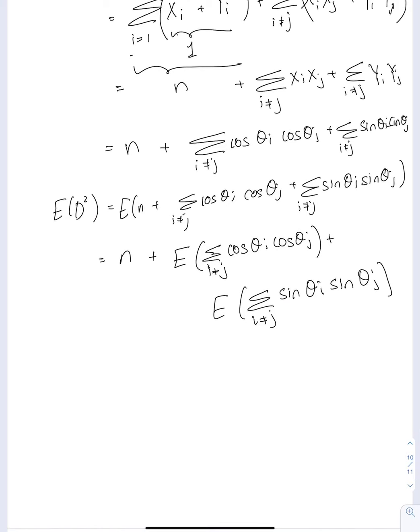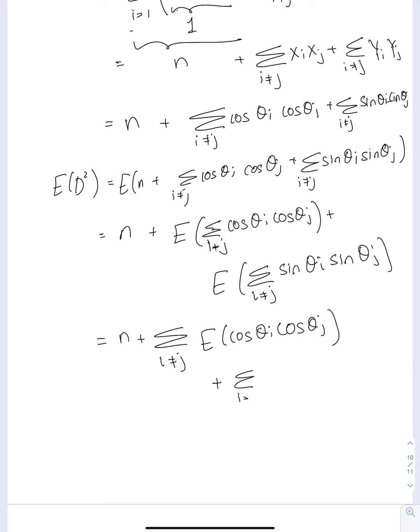So let's look at cosine theta i times cosine theta j. This is a sum, and we can now even take the sums out, and then the same with the following one. Okay, so that's what it's come down to. Now let's look at the expected value of cosine theta i times cosine theta j.